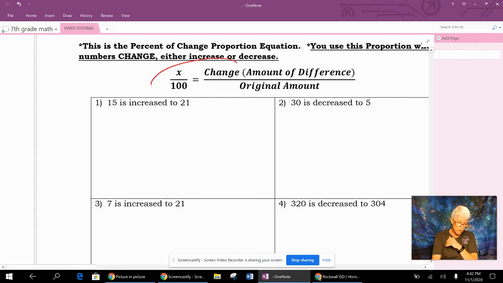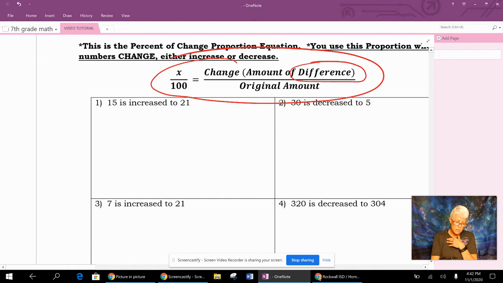If you look at this equation that I'm circling, it says the change over the original. I like to focus on the word difference over original. Difference as in D, original as O, which spells the word DO. If you can remember that, you can remember how to do this, because it's just the difference in the numbers over whatever the original number is.